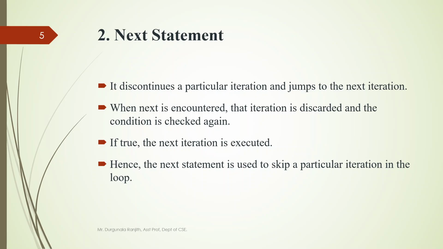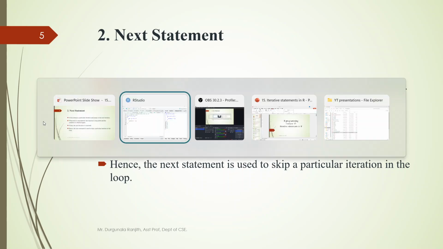And the second one is the next statement. This works like the continue statement in the C program. Whenever the next statement occurs, the current iteration will be skipped and it continues with the other iterations. Now let us understand with code.